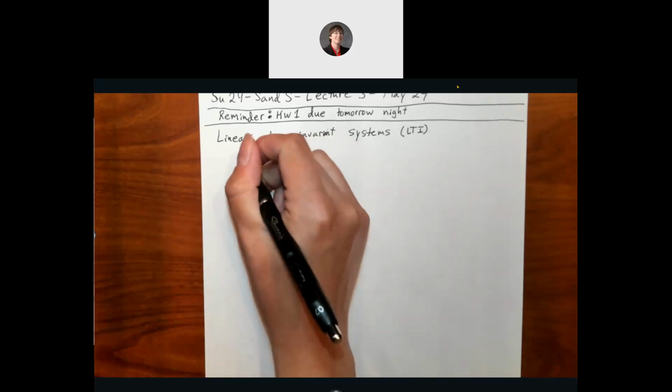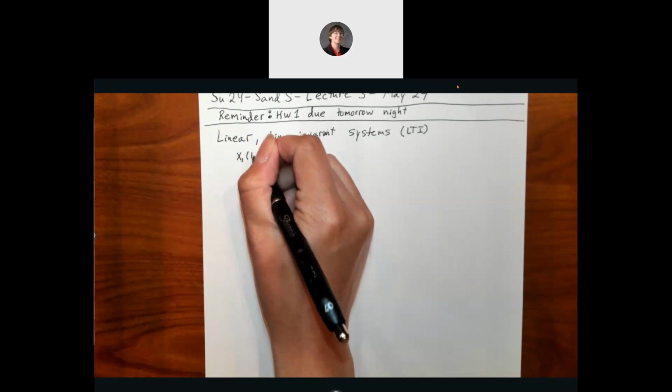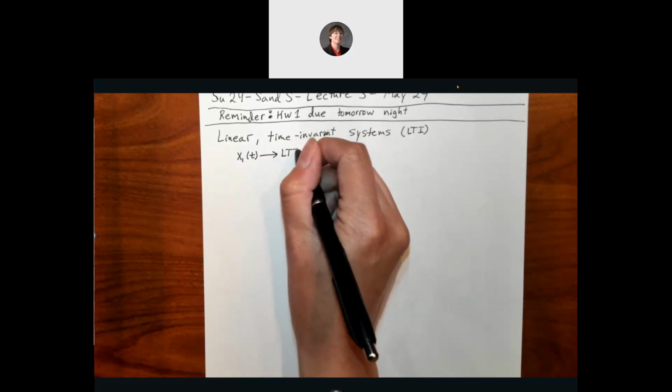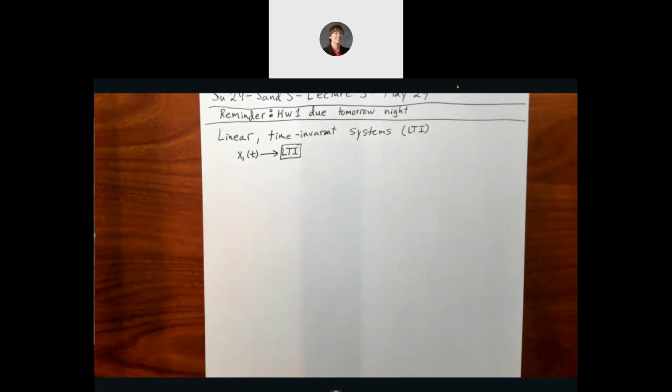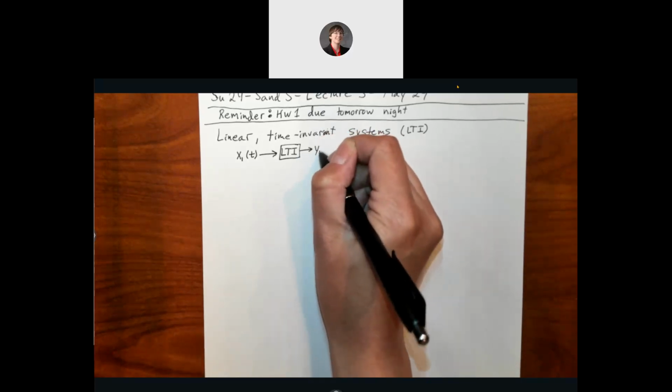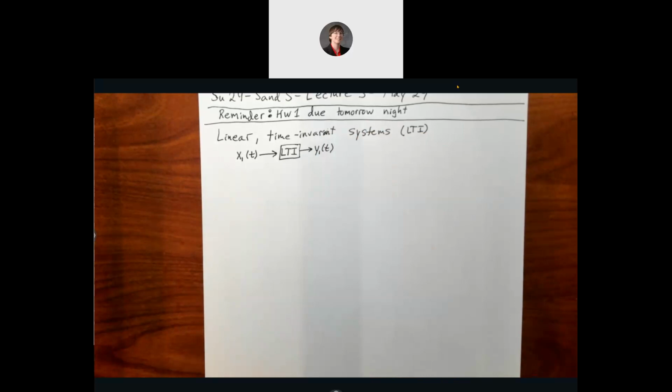Well, if I have an input, let's call this X1, and I feed it into a system which I know is an LTI system, and then I get some output, let's call it Y1.